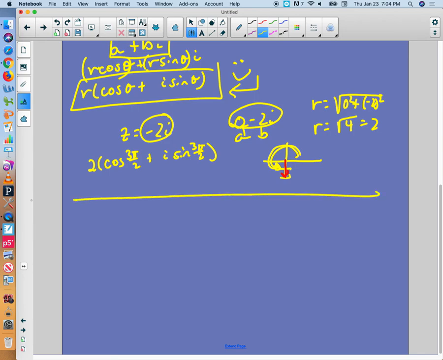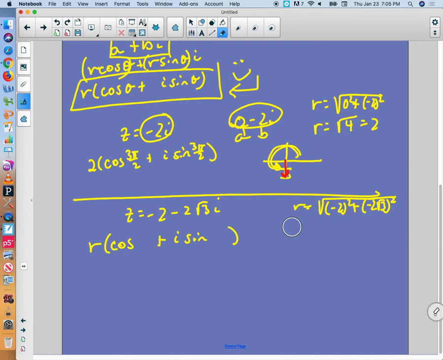All right, so let's do another example. We're going to write the trigonometric form for this rectangular form, 2 minus 2 root 3i. All right, so I need r and theta to do this. So I'm going to say r cosine theta plus i sine theta. All right, r is found by saying the square root of a squared plus b squared.